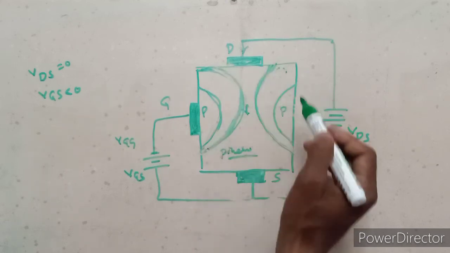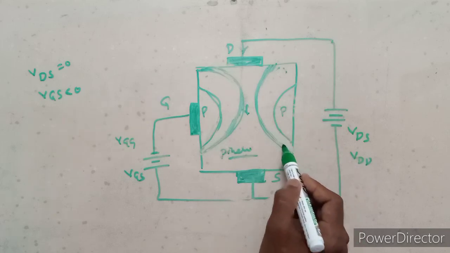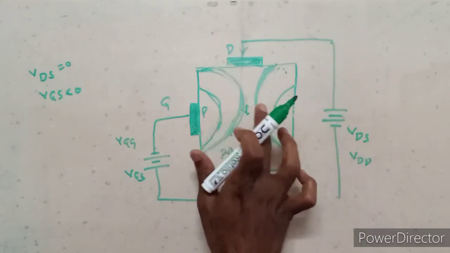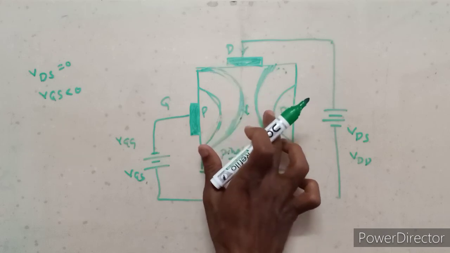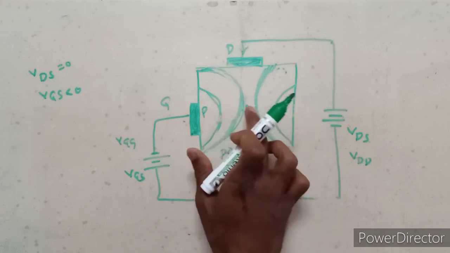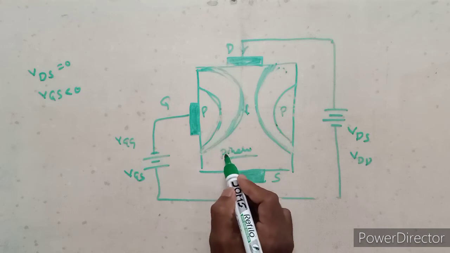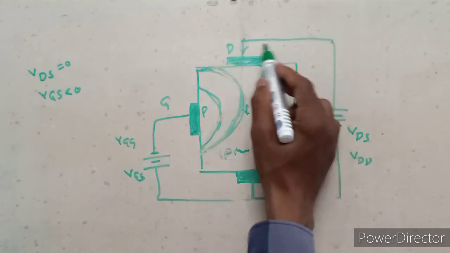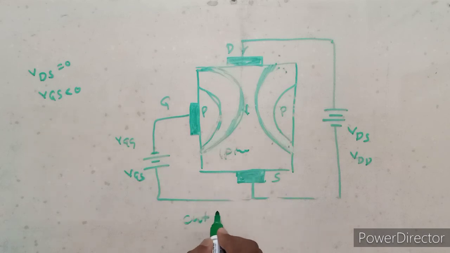The two depletion regions increase and meet, then the channel is pinched off, that means the drain current cuts off.